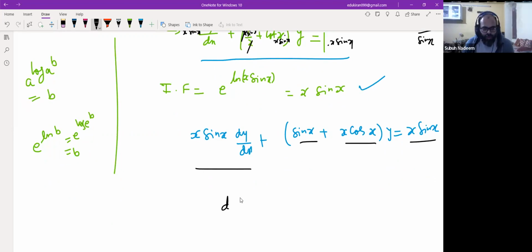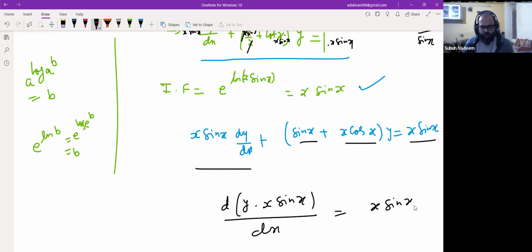It will become derivative of y into integrating factor, that is x sin x, on the left side. And on the right side, it is x sin x. That you can verify also. You can see x sin x as one term and y as another term, and write it as first term x sin x into dy by dx plus y as another term, and the derivative of x sin x will be sin x plus x cos x.